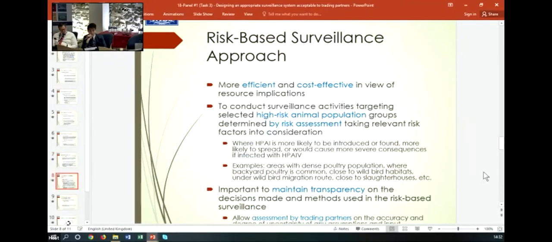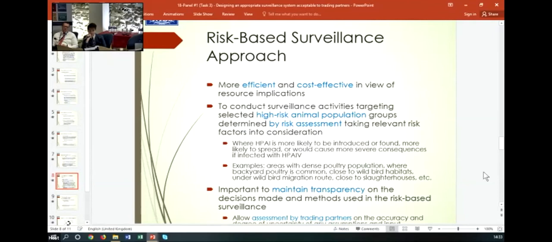To further address the manpower and resources issues to conduct surveillance on different animal populations, a risk-based surveillance approach may be adopted to target selected high-risk animal population groups as determined by risk assessments for better allocation of the resources.